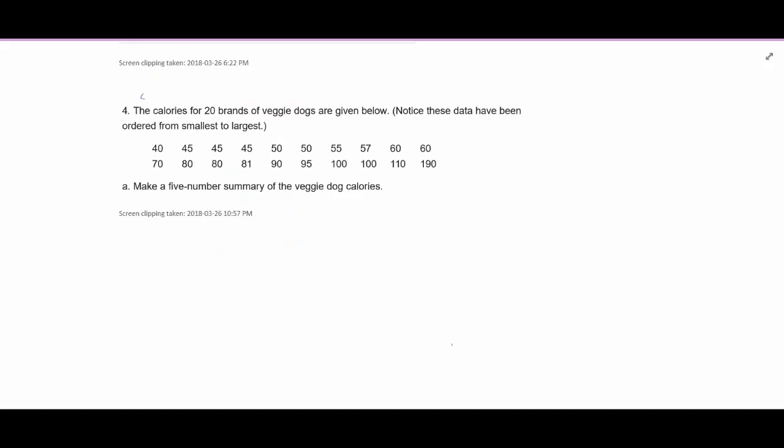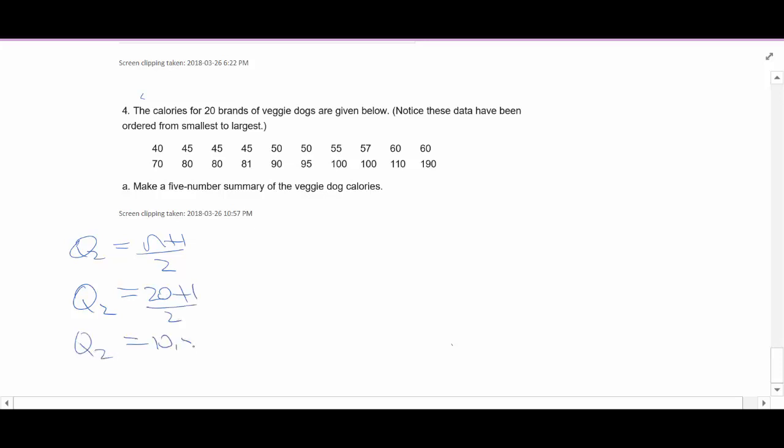So question 4 gives some data for 20 brands of veggie hot dogs, and they're already ranked. So what I'm going to do is make a 5-number summary of the veggie dogs. The location of Q2 is given by the formula (n plus 1) over 2. That means the location of Q2 is (20 plus 1) over 2, 10.5.